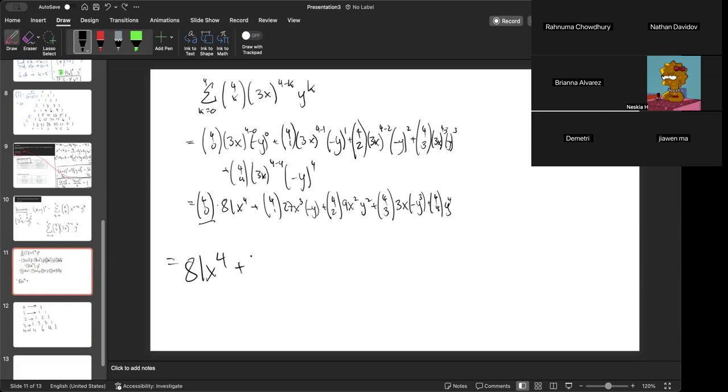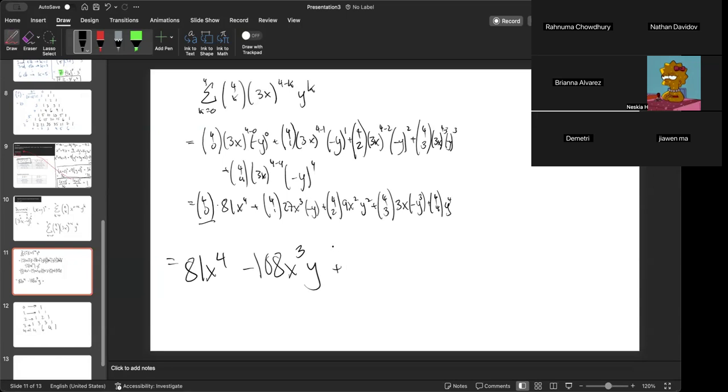4 times 27 is, let's see, what is 4 times 27? 108 x cubed, and I'm going to make this into a minus because it's minus y. Plus 4 choose 2 is 6. 6 times 9 is, what is 6 times 9? I can't think today, as you can see.